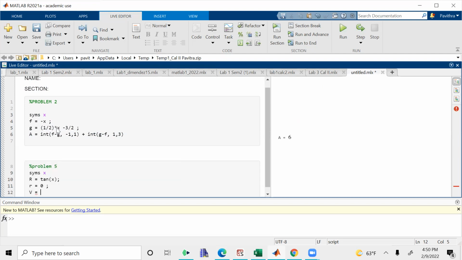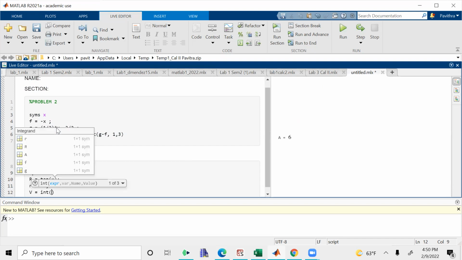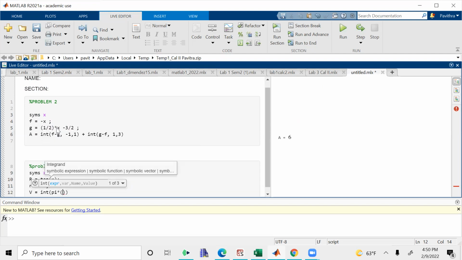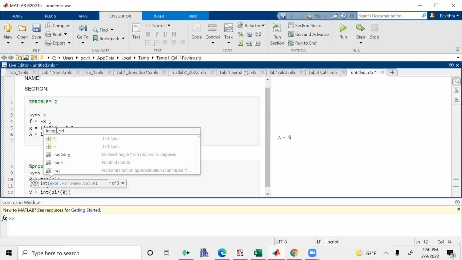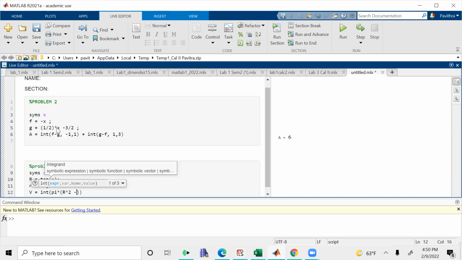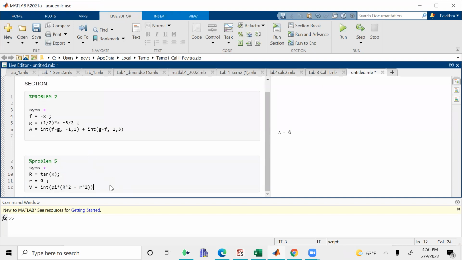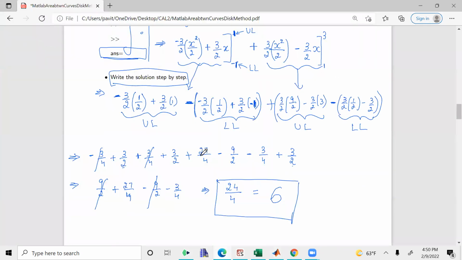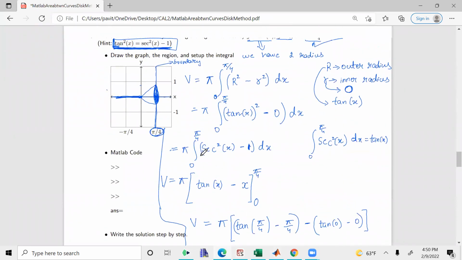So v equal to int, integral of pi into outer circle, that is capital R square minus small r square. Okay. If you're wondering how I got this formula, go back to your hand calculations here. You can see that I have used pi into integration.